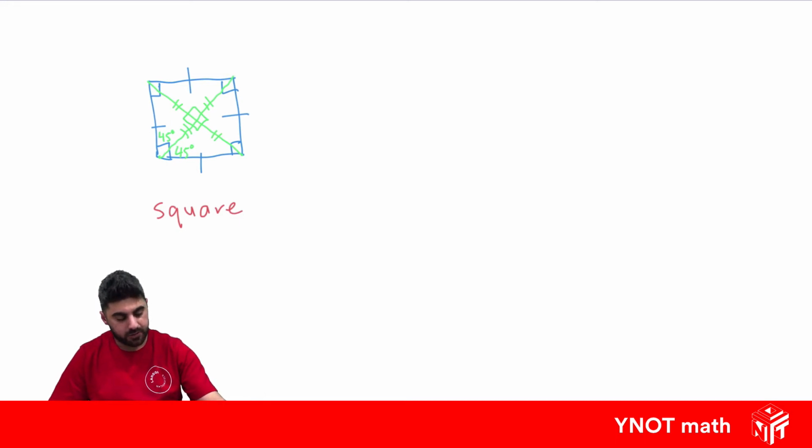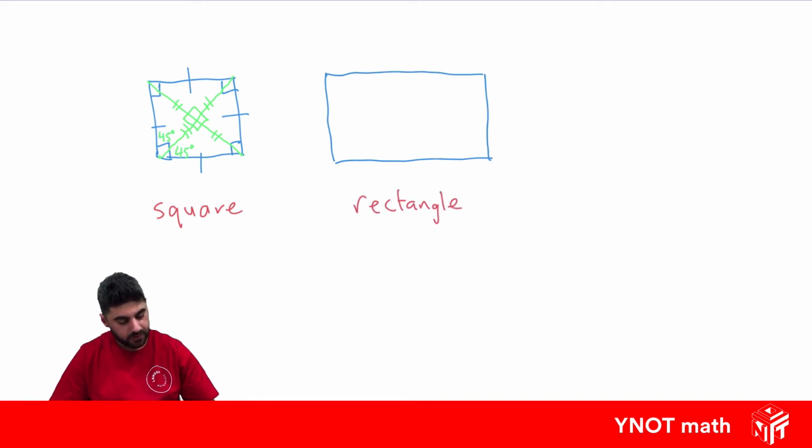All right, let's look at our next quadrilateral, a rectangle. So a rectangle also has a lot of properties. So, I forgot to mention on a square that opposite sides are also parallel to each other as well. So in a rectangle, opposite sides are equal, so those equal those, and those equal those, but they're not equal to each other.